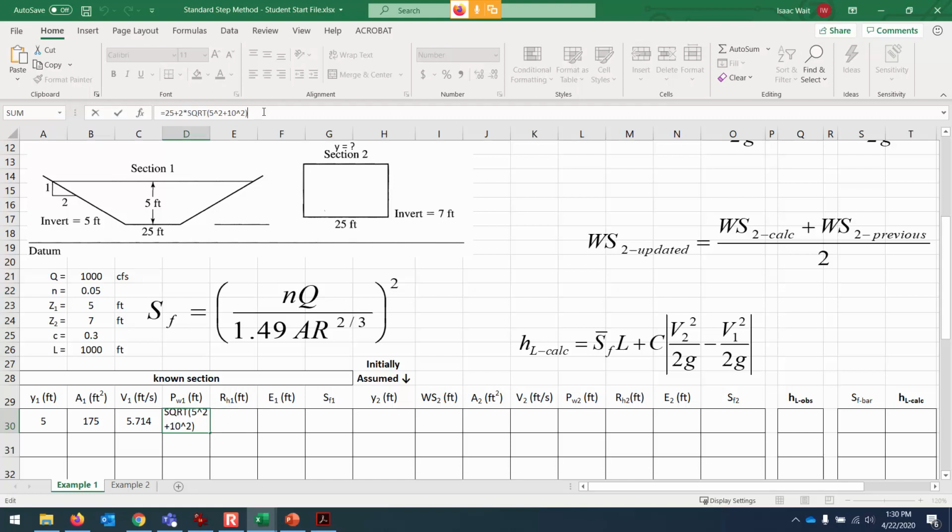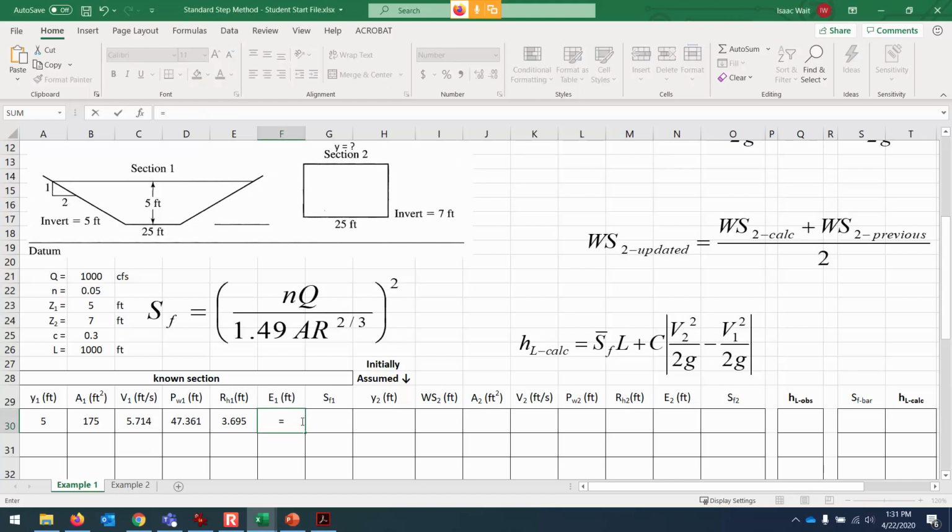So let me show you that formula again just briefly. Okay. Now the hydraulic radius is the area divided by the wetted perimeter. That's the definition of hydraulic radius. And now E1 is going to be the depth of flow and the z value, and then also we have to add in the velocity head.